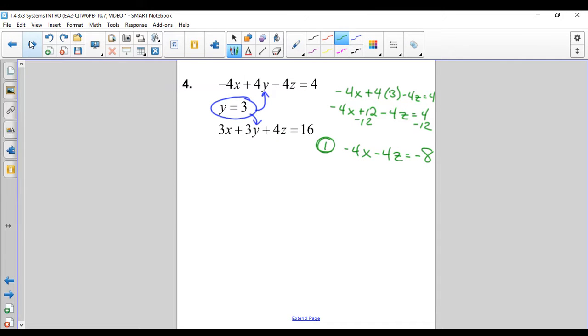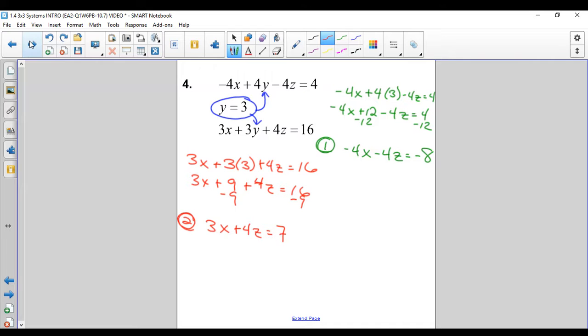Second equation comes from me putting y in the last one here. So I have 3x plus 3 times 3 plus 4z equals 16. 3x plus 9 plus 4z equals 16. Subtract 9. We get 7 over there, which is my second equation: 3x plus 4z equals 7.